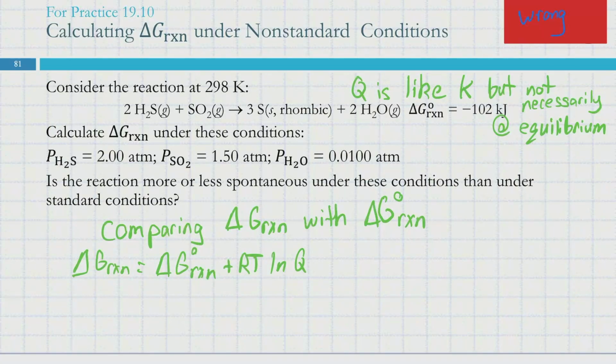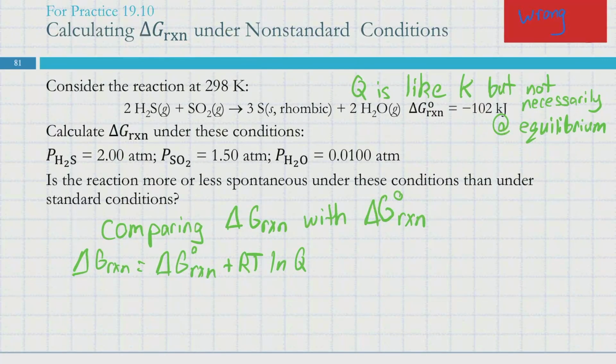It's the only difference. So we want to figure out what our K expression or our Q expression would look like for this reaction. It's going to be products over reactants.